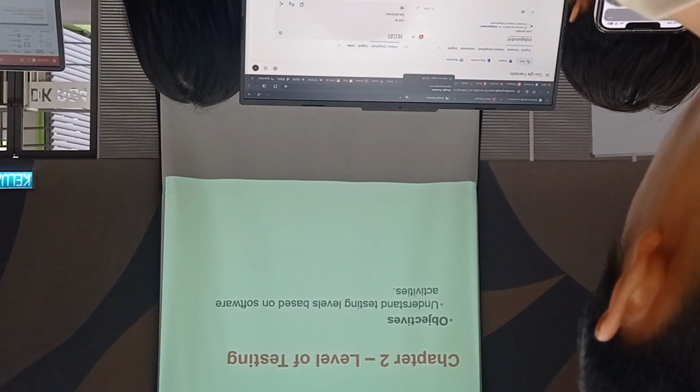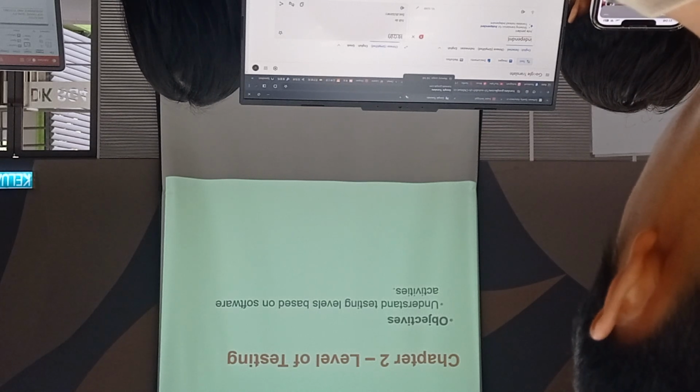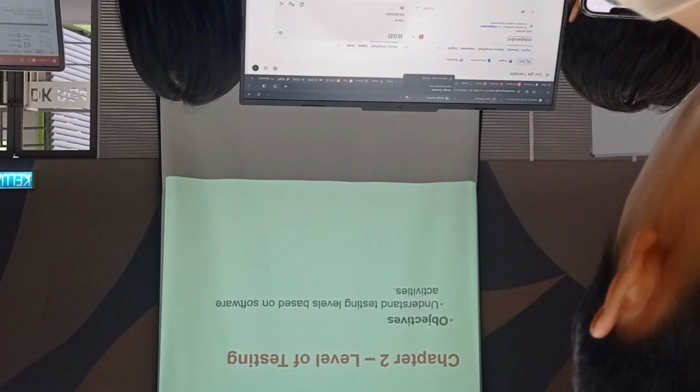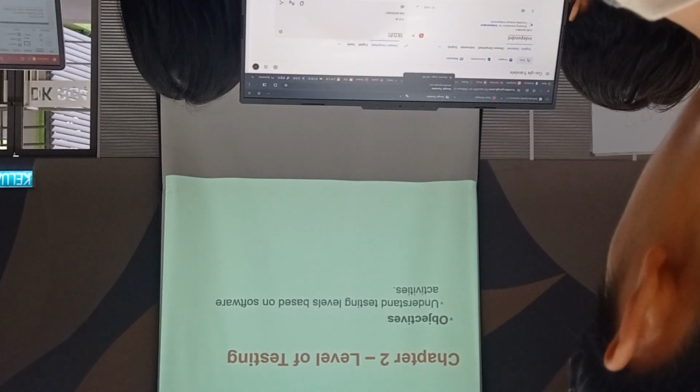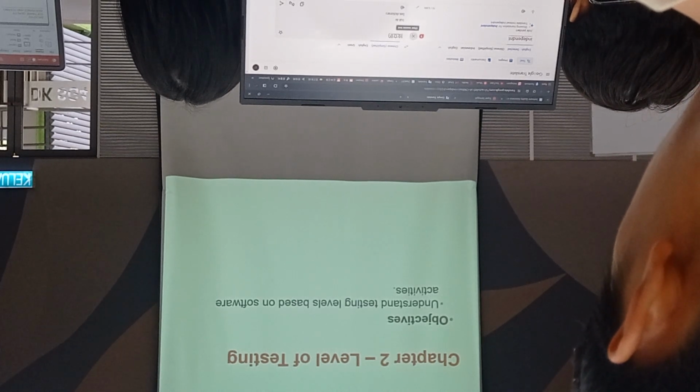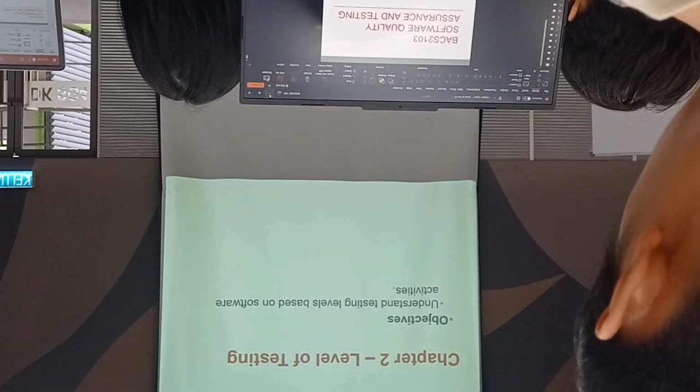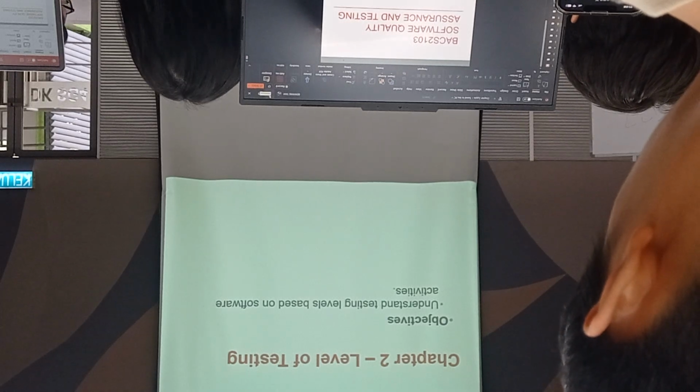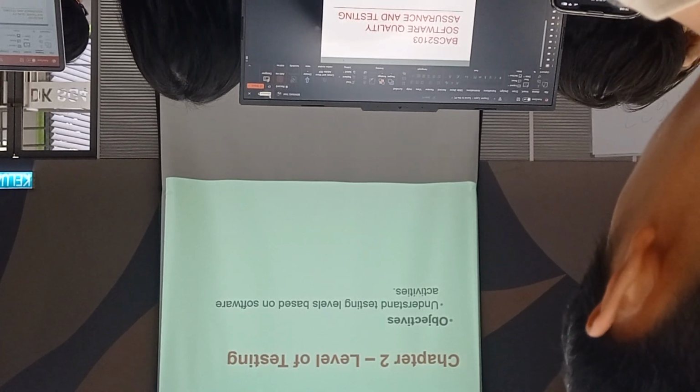Okay, so chapter 2 is about a level of testing. When we said we want to do testing, it is not a one-time activity, correct? Do you agree?